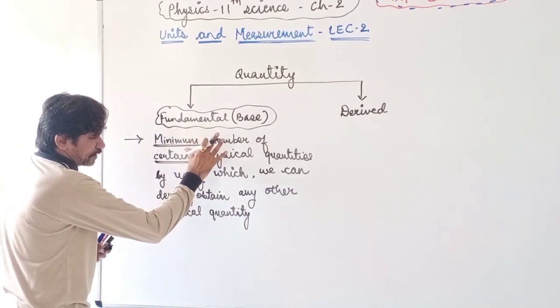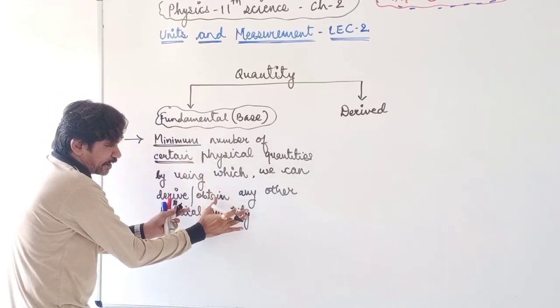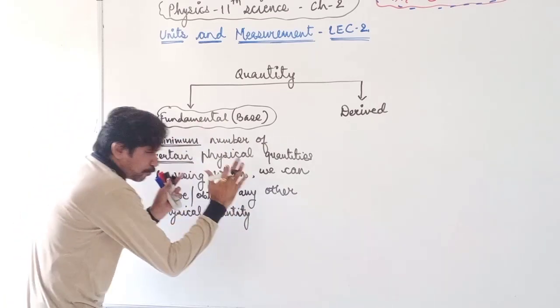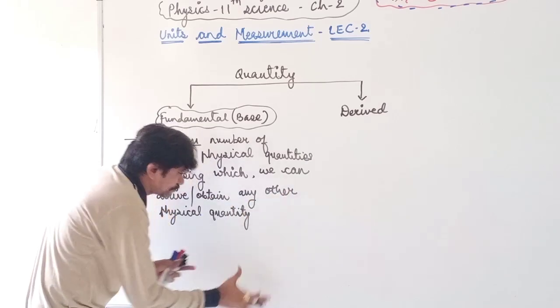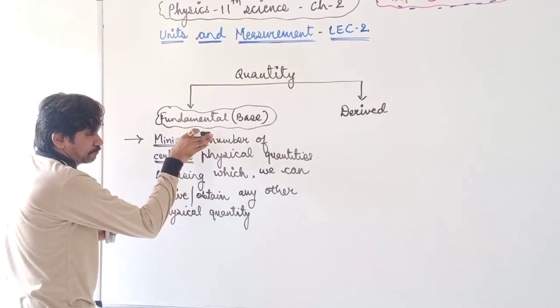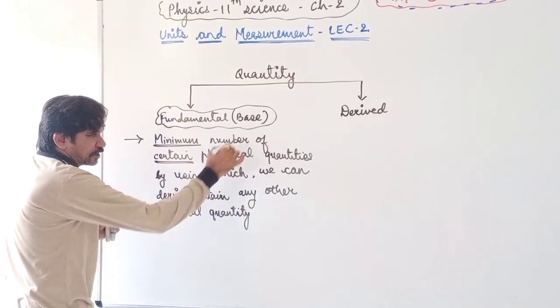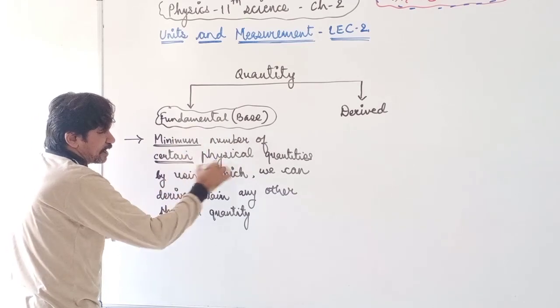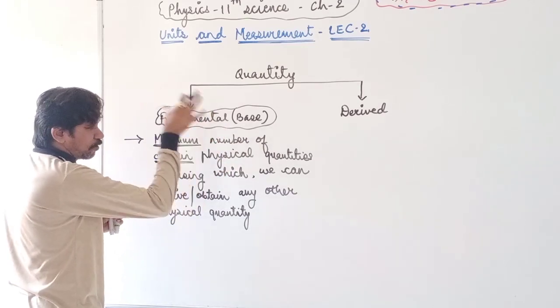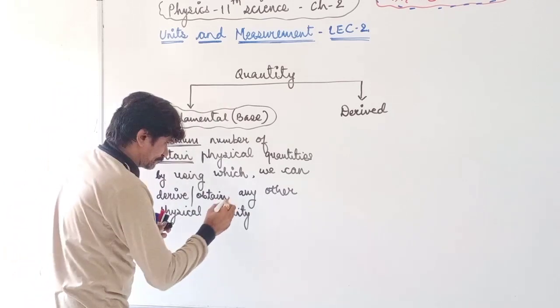Using minimum number of physical quantities, if we are able to derive any other physical quantity, means all other physical quantities, then this minimum number of certain physical quantities are called fundamental or base quantities.